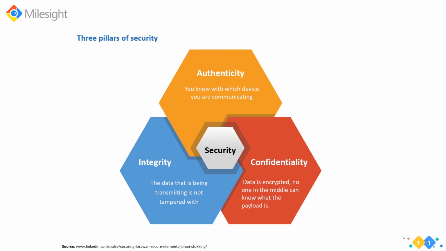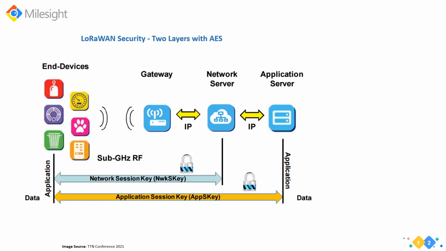And finally, confidentiality. It means that you can encrypt the data on the application layer, and once the data is encrypted, the network cannot see what the payload is. So how does that work? LoRaWAN provides security on two different layers, as you can see in this picture.